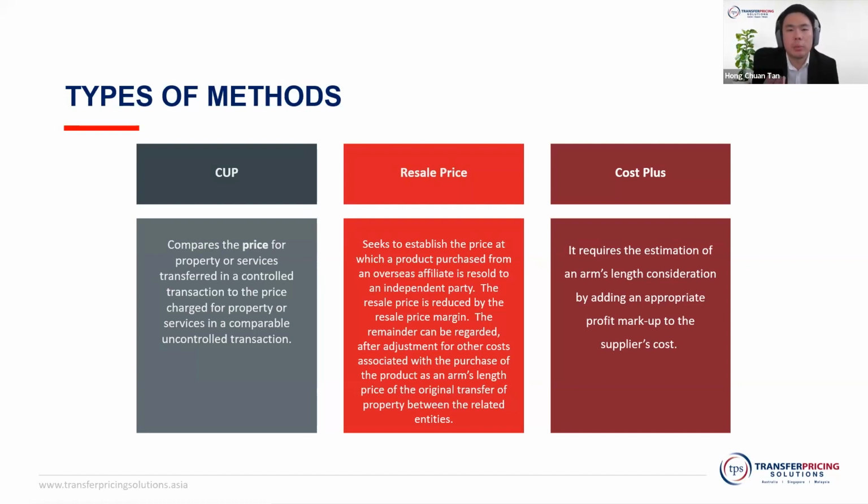Resale price really focuses, in terms of comparability factors, on the functions of the transaction itself, right? You can have certain leeways on the characteristics, but it focuses more on the functions. It is applicable for resellers, for example, where they buy and sell and there is no further modification of the product. Then the resale price margin can be used for comparison.